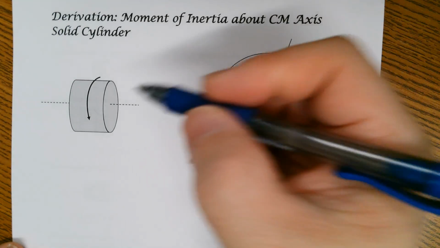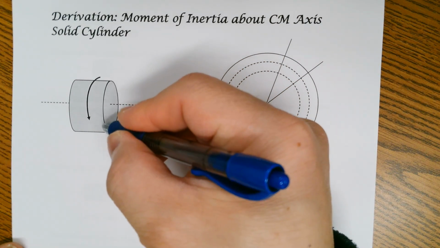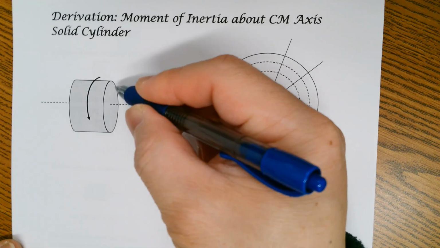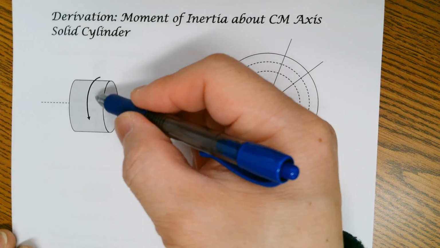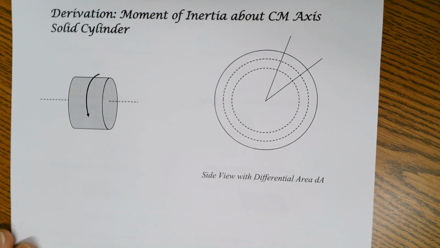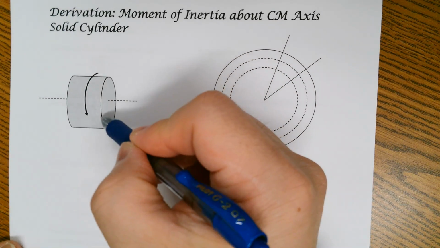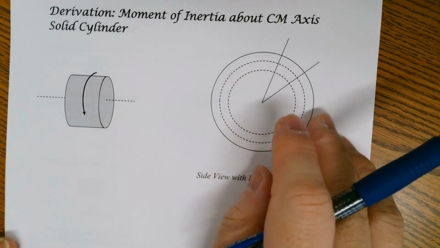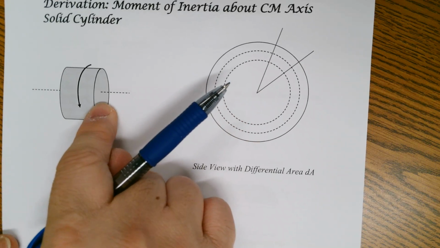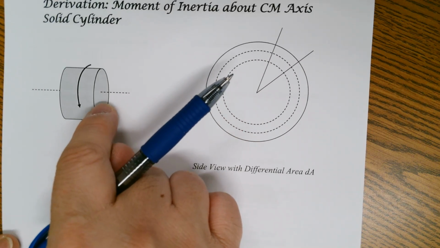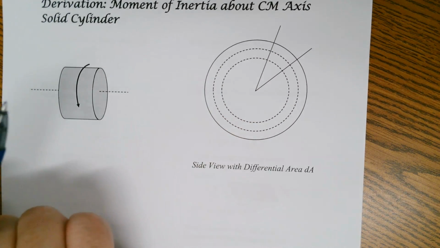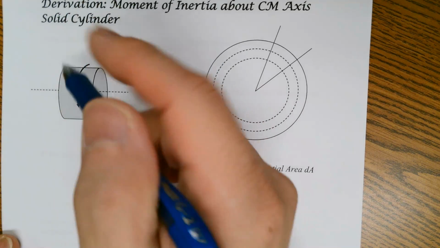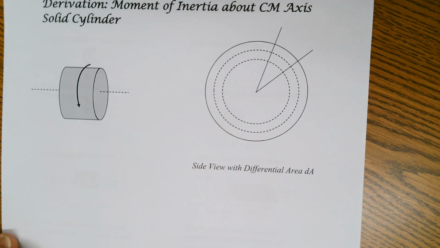Well, if I were to look at the surface of this, we should be able to figure out what the dm is. We're going to assume that this is a uniform density.